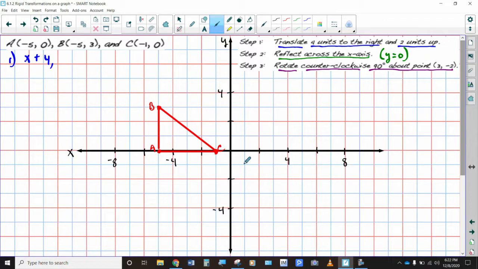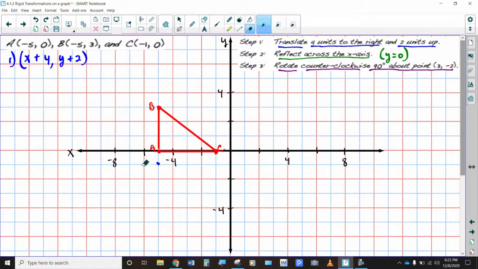You're increasing the x values of your coordinates by 4, and y is going to go up by 2.